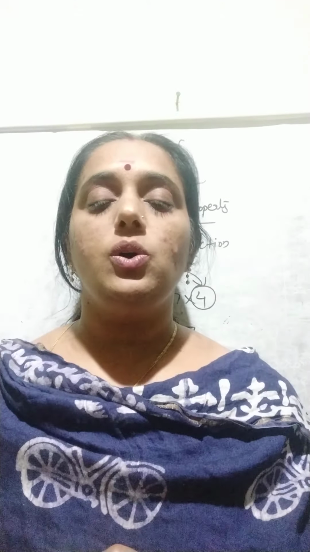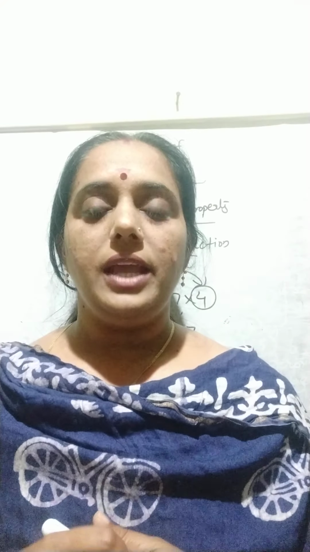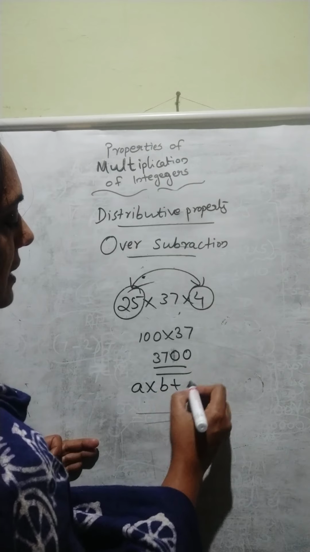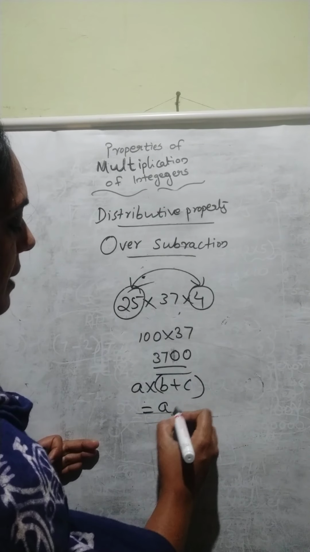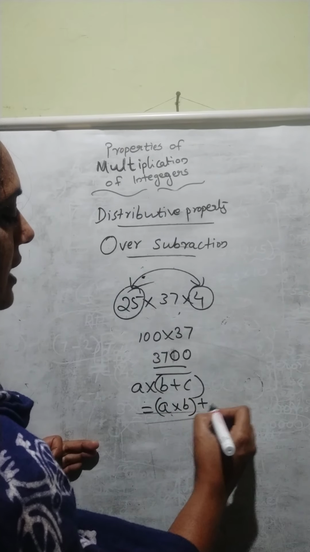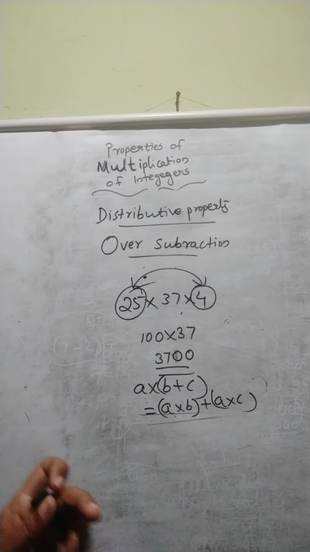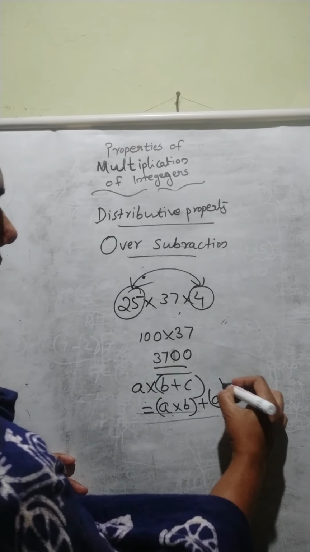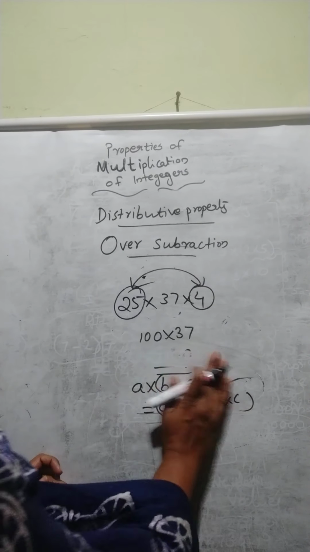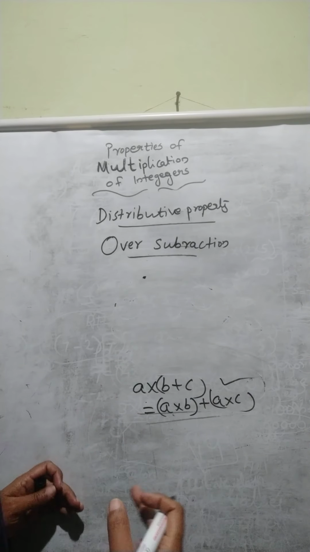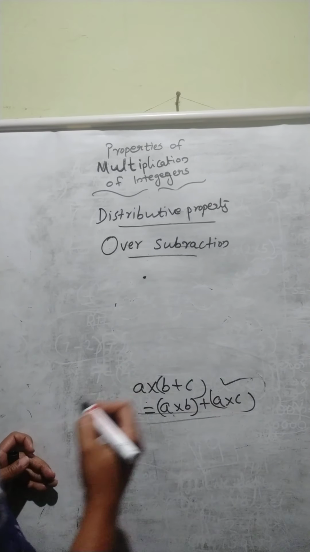Then in case of distributive property, A multiplied by B plus C is equal to A multiplied by B plus A multiplied by C. So distributive property over addition and multiplication is here.